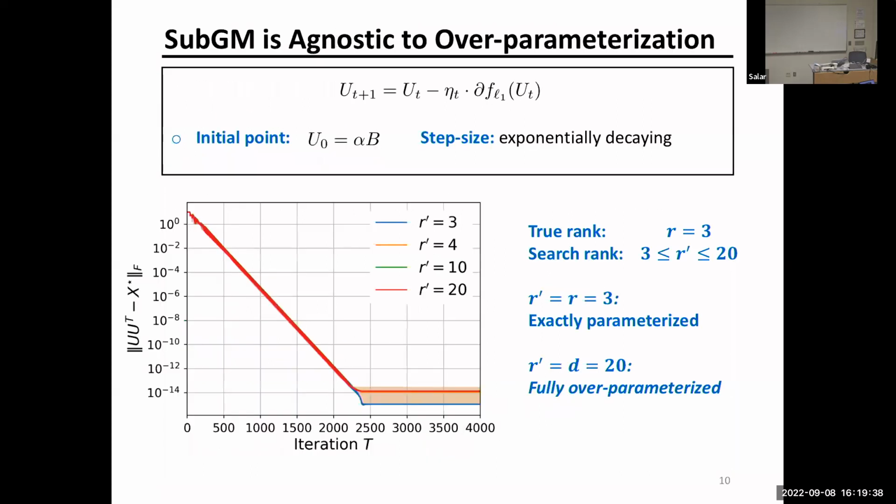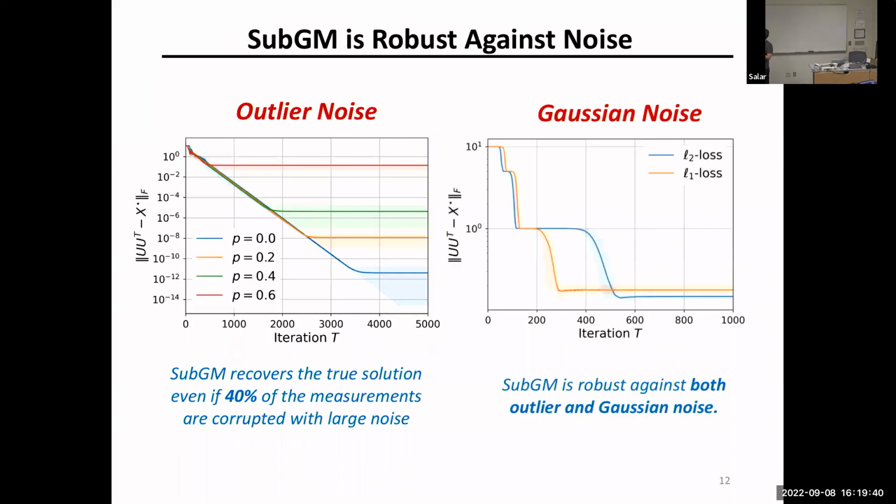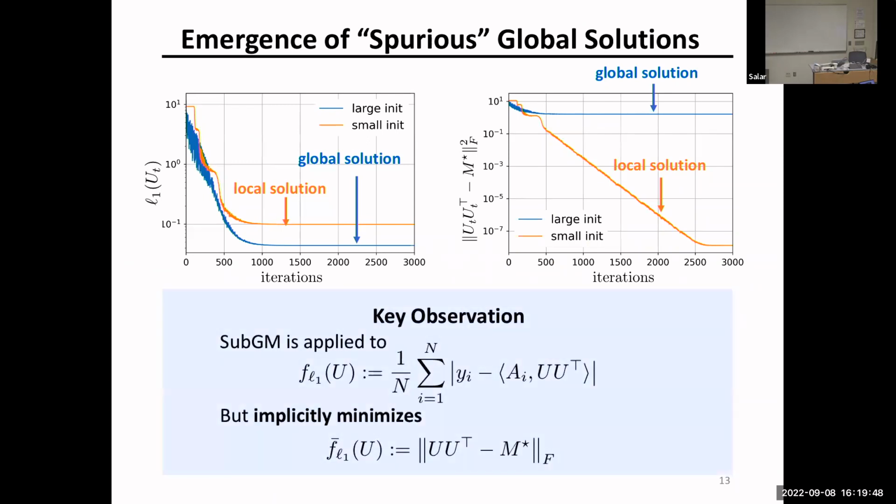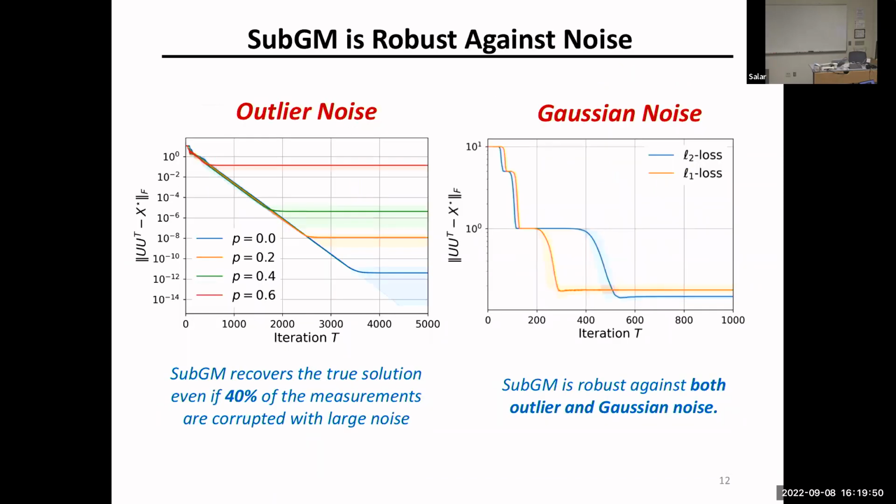Can you provide some intuition why for Gaussian noise L1 norm works better than L2? Actually, L2 works slightly better, and I'm going to talk about the comparison later.